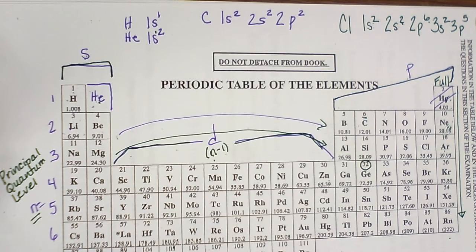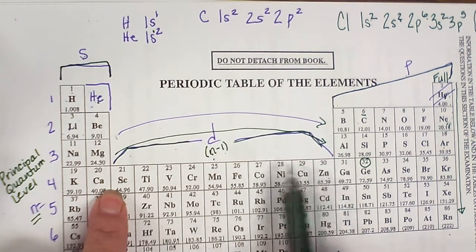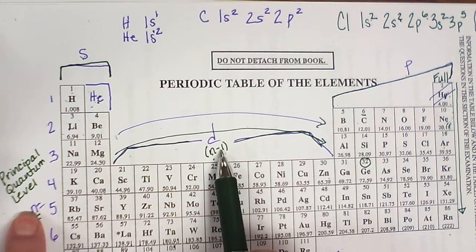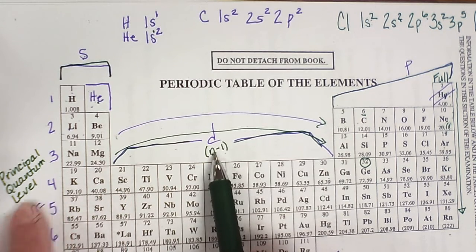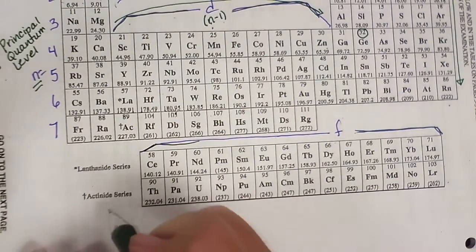D is N minus 1. So you're going to go 4s2, and then instead of saying 4D, you're going to go N minus 1. Here's N, N minus 1. We're in the 4th row, N minus 1. 3. Got it? Okay, go ahead, do germanium. I'm going to do mine way down here.